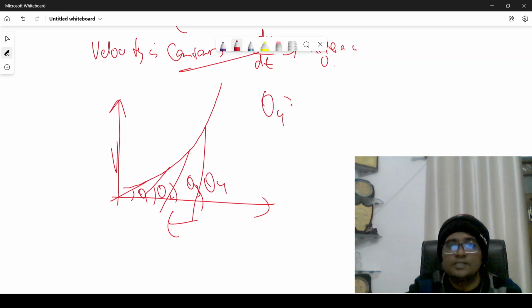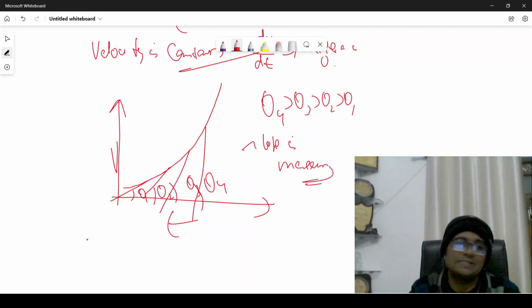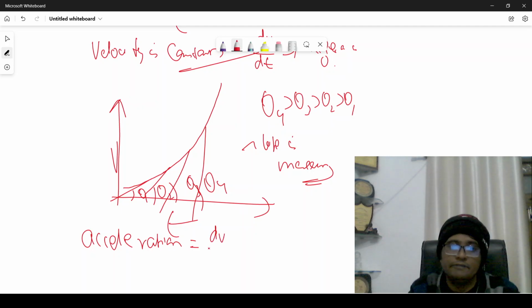Theta 4 is more than theta 3, which is more than theta 2, which is more than theta 1, and hence the tangent value of all these angles will be more. So we can say that the slope is increasing. And the slope is actually the acceleration, that is your dv by dt, and it is increasing.